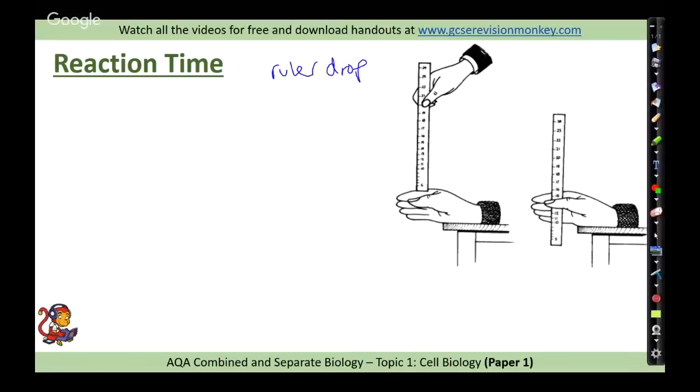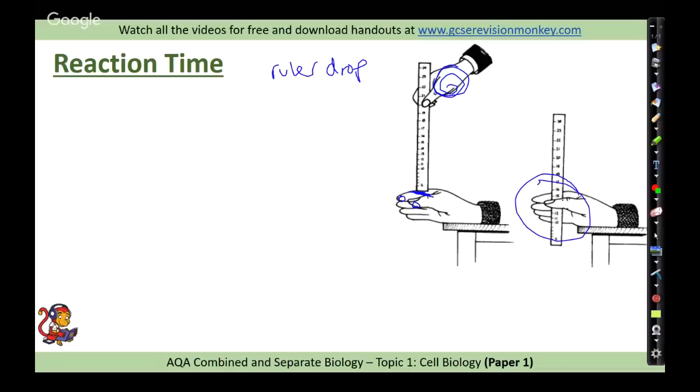So with the ruler drop method, someone holds the ruler just above your hand, just in line with your thumb. And your thumb and first finger need to be slightly separated, and at a random point, the person will drop the ruler through your finger and thumb, and you need to close your hand as quickly as you can, like this, and catch the ruler.